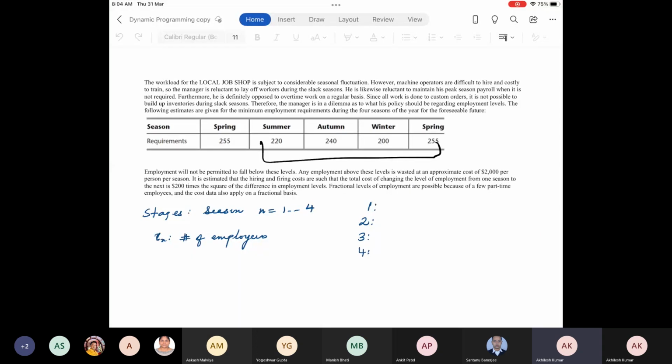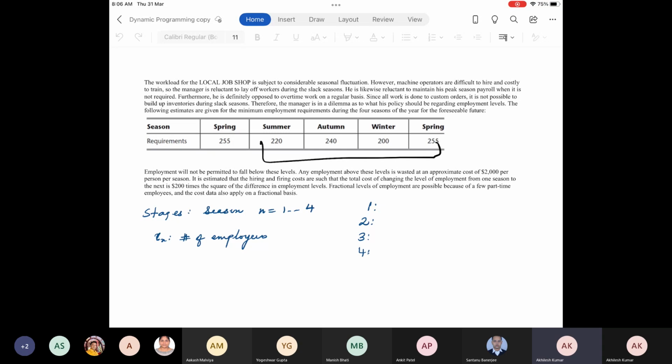Okay, so let's start where we left off on Tuesday. This local scope, local job shops, manpower scheduling we need to do. And it has been given that it is in actually cycle one after another. So what we can model this problem as one cycle, start from summer to spring or spring to summer, whatever you want to look at it.